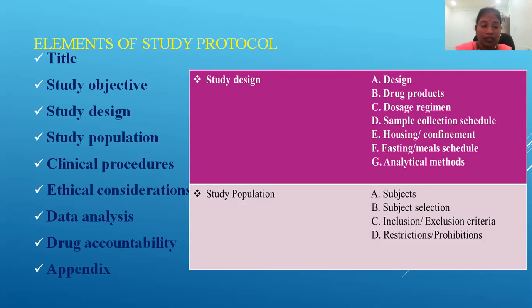And next is the selection of the study design, the number of formulations you are taking, the characteristics of these drugs and their dissolution, and also the study objectives and availability. Whether these subjects are available or not, we have to consider.